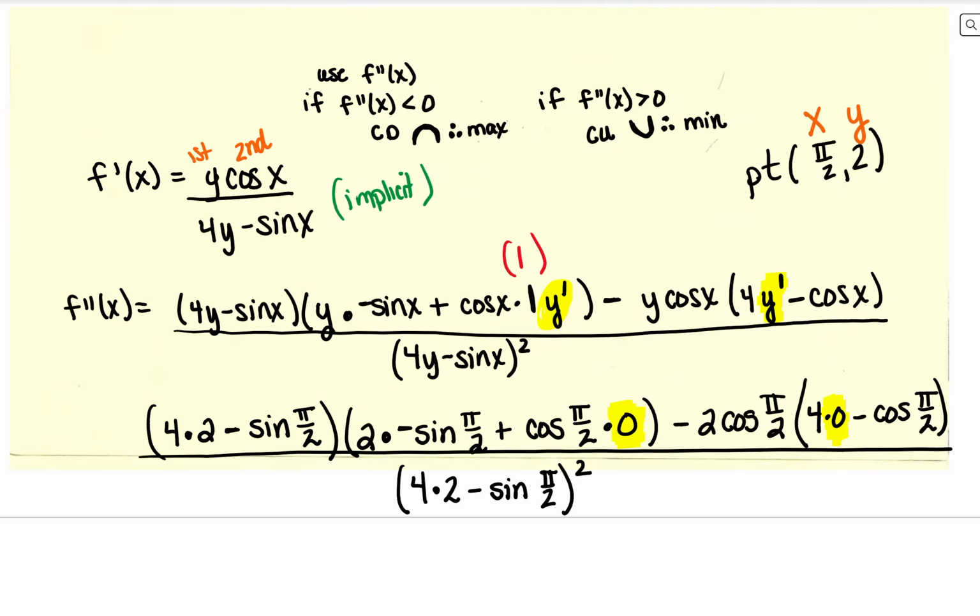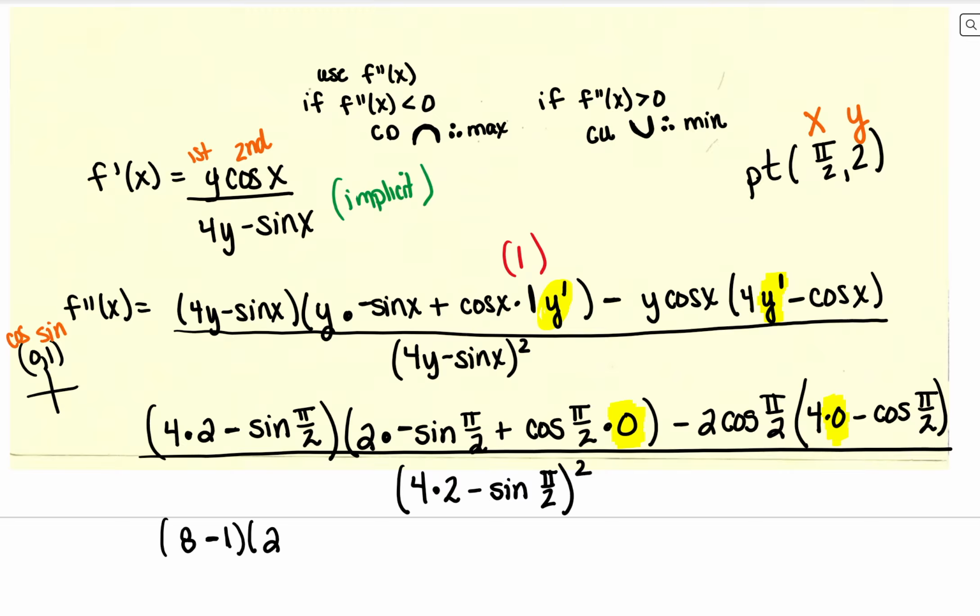All right, so then I'm going to plug this in or solve this. So let's do this sine of pi over 2. We know that the sine is the y, and we know that the cosine is the x. So very carefully, 4 times 2 is 8 minus the sine of pi over 2, which is 1.